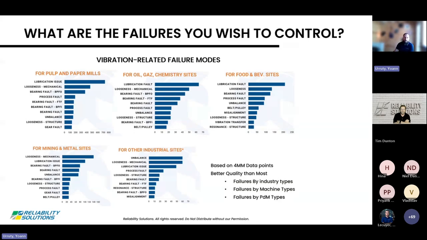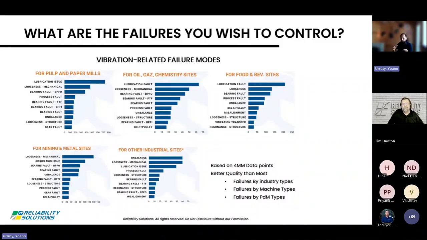You can look into the details and take a snapshot and compare yourself, based on the industry you work in. I'm pretty sure you're going to find it very similar to your reality. In the end, from pulp and paper to oil and gas or food and bev, there are some slight differences, but it all revolves around the exact same issues, right?